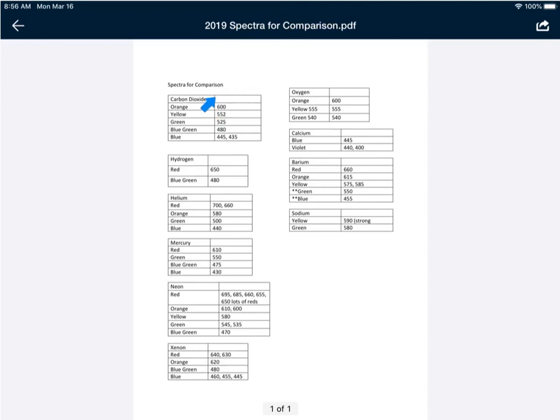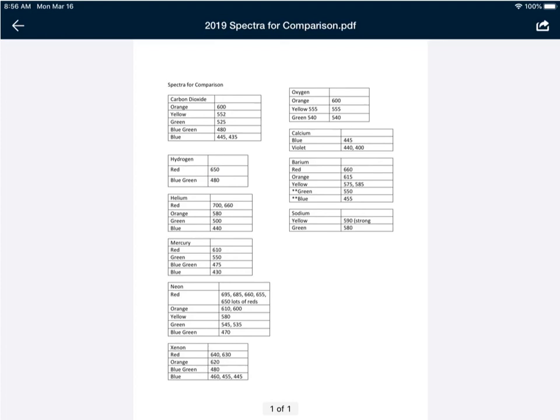So you can look at the colors, but colors are a little bit subjective. Like, we might see colors differently. So look more at the wavelengths. Look for similar numbers. They might not be exact. So like maybe you have 660 and 490, for instance.